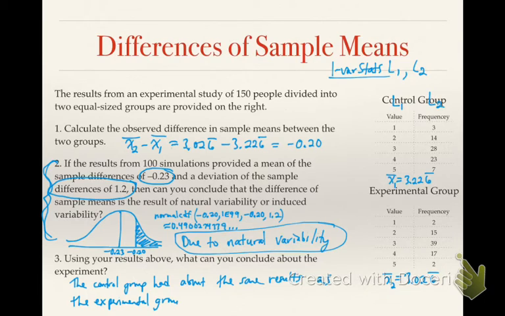You can go the other way too. The experimental group had about the same results as the control group. So really, what that means is that the conclusion of the study, whatever we're looking at and trying to experiment, is really just occurring because of natural variability and not induced variability. Pause the video and write down anything you need to before moving on.